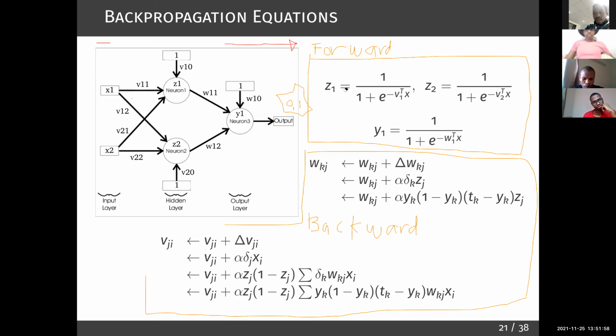Let me be very, very careful here. We know that your inputs are x0, x1, x2. Those are inputs, so I hope this is clear.